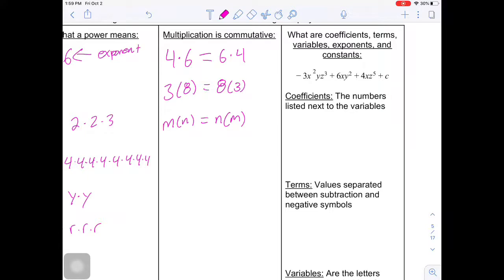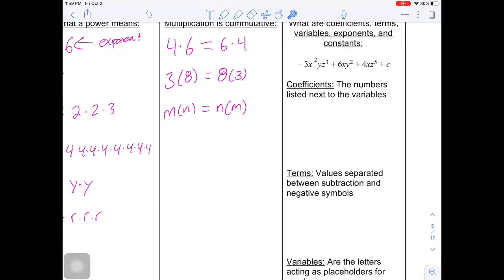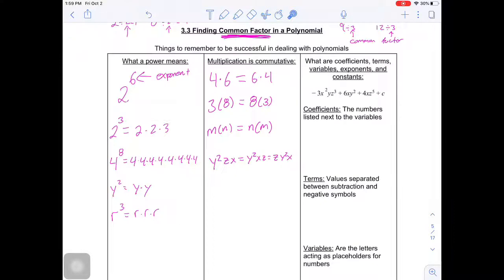They all equal the same thing. We can just move around these values. So like y squared times z times x, that's the same thing as y squared x times z, which is the same thing as z times y squared times x. So you can just see I'm simply moving these guys around, okay?